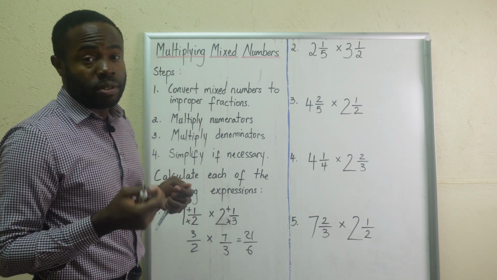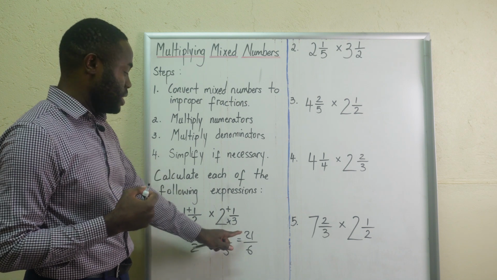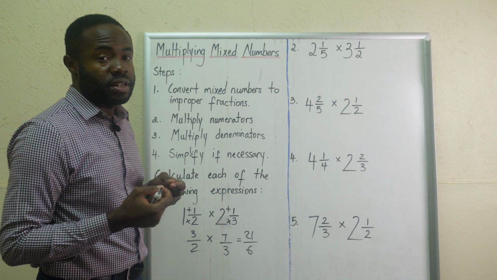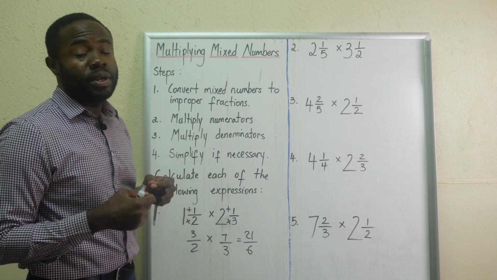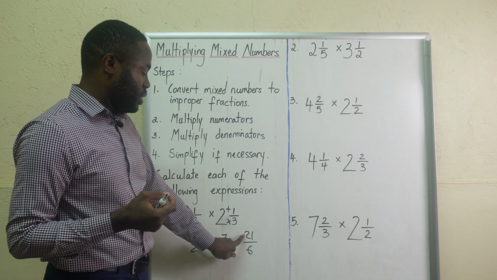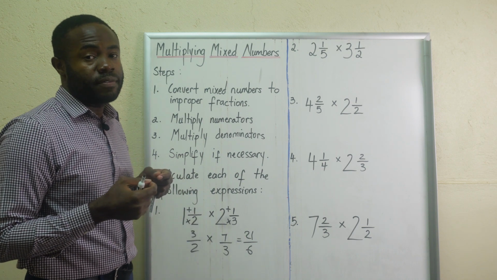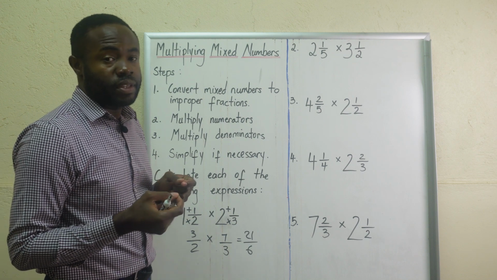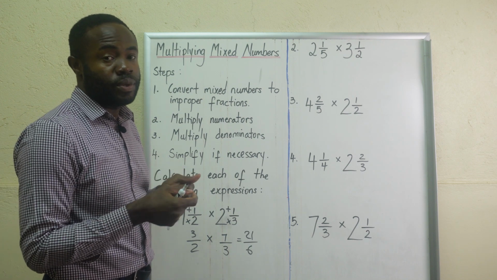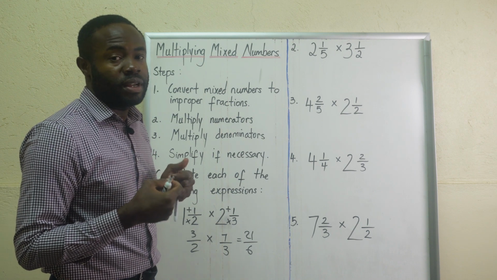All right, so we have multiplied our numerators, then our denominators. As you can see, we now have a fraction, which leads us to step 4, that we need to simplify if necessary. If you look at 21 and 6 closely, you'll see that they have a common factor of 3.